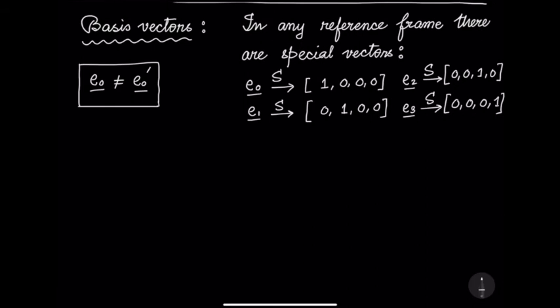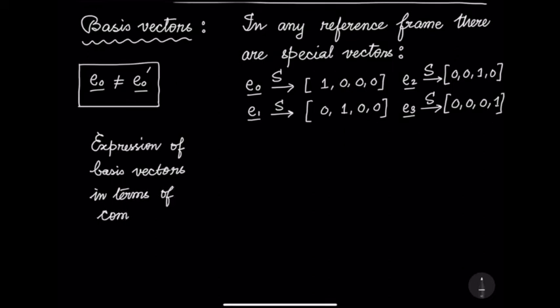Now, these 4 vectors can be written in a simpler way, as an expression in terms of their components. How can I write them?